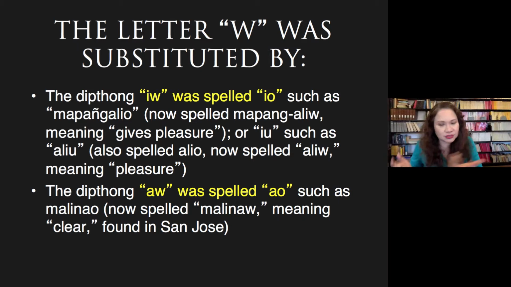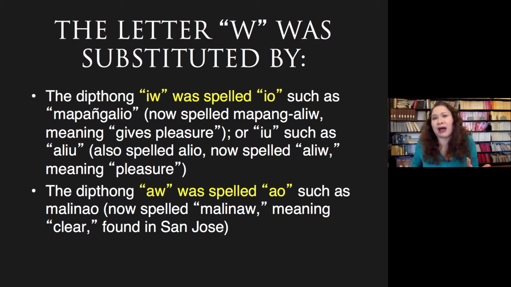Why am I trying to say all these things, the letter K and the letter W? For many of you, you will read texts written maybe during the Spanish colonial period. So when you see these words, you're thinking, how do I pronounce this? And what are these words? You'll find these words as mapangalio or alio or malinao, or even, remember earlier we were looking at the word bacquin.